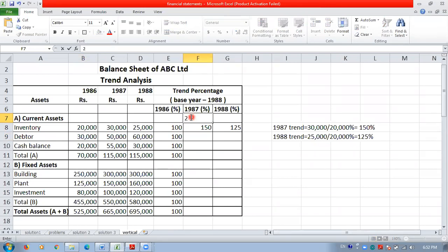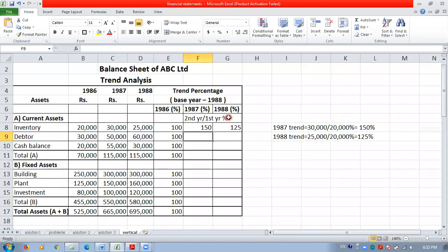So second year simply divided by first year, and percentage. This will be your formula for calculating the trend: second year divided by first year, percentage. Then you will come to know what the trend is.